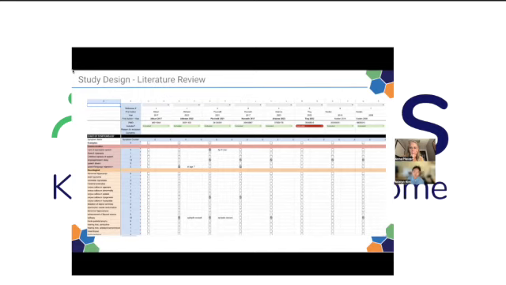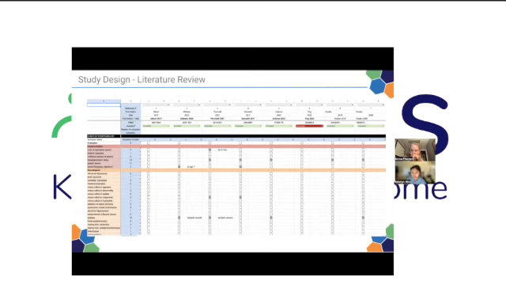On the left side of the slide, you'll see the list of symptoms associated with the syndrome. Along the horizontal line, we have various pieces of scientific literature that have been published on it.